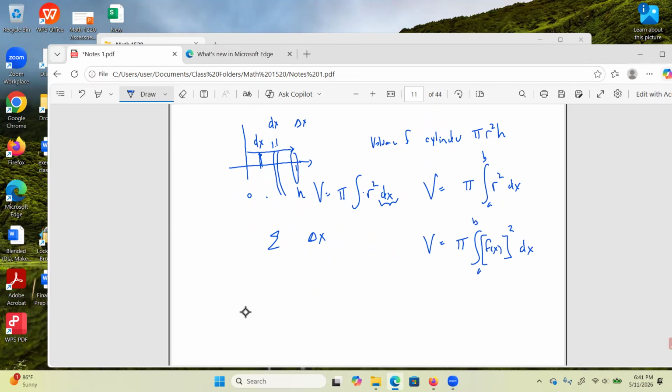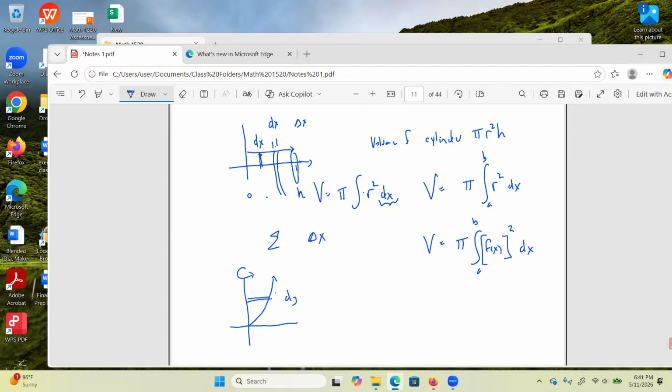Now, if we're integrating with respect to y, maybe revolving around the y-axis, you see how the radii I'm drawing, those little lines, are perpendicular to where I'm rotating. In this case, these are going to be dy's. I would need an f of y in order to figure out the radii for this piece.